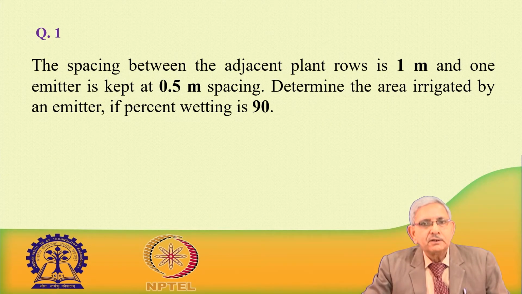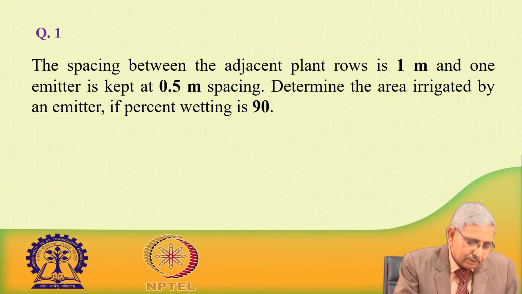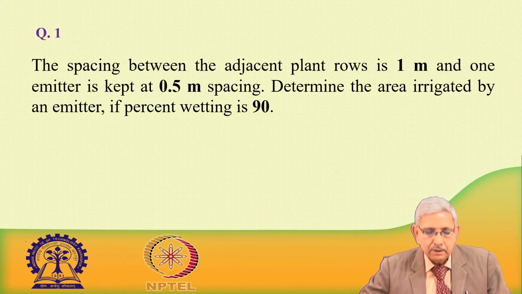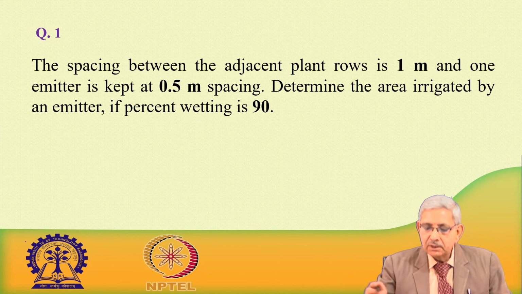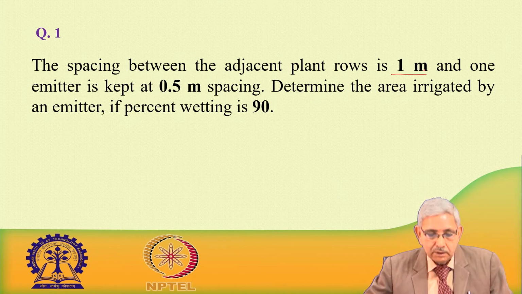Working by taking question 1. In question 1 we have been given the spacing between adjacent plant rows, that is 1 meter, and the spacing between drip emitters, 0.5 meter.